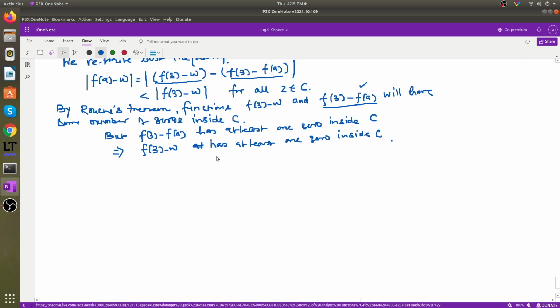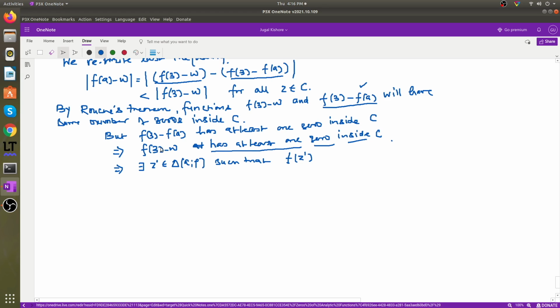Okay, so we can say that there exists a z prime inside C, that is, the disk Δ at a of radius ρ, such that f(z prime) is equal to w, because f(ζ) minus w has at least one zero.